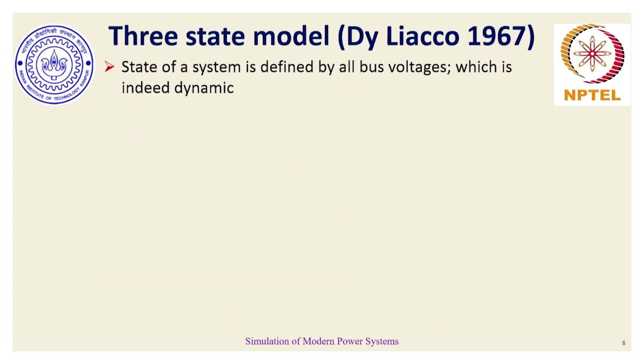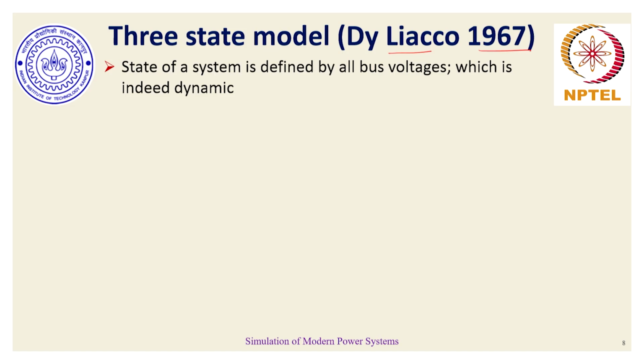So coming to the first process flow based model, which was proposed by Dy Liacco in 1967. Dy Liacco presented a process flow diagram in which he stated that if the system experiences certain changes because of contingencies, then how the system behavior changes.